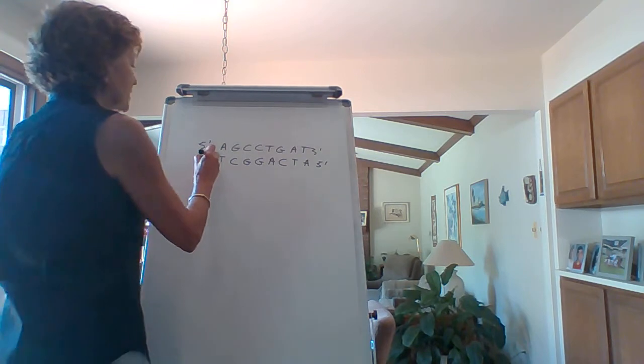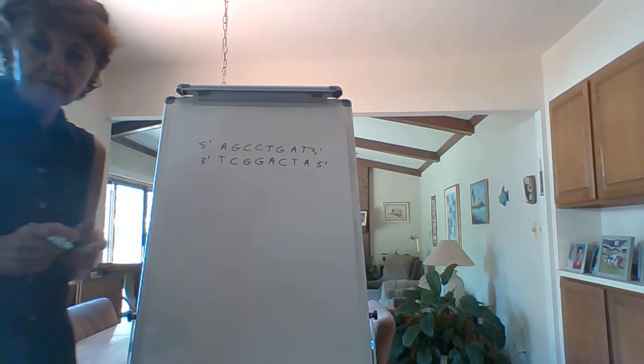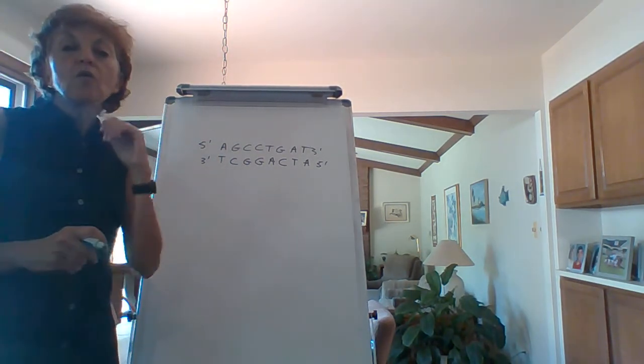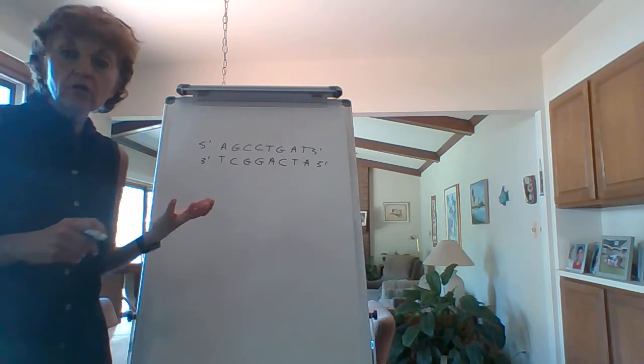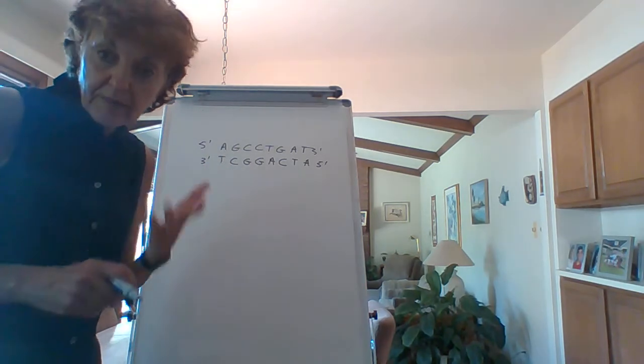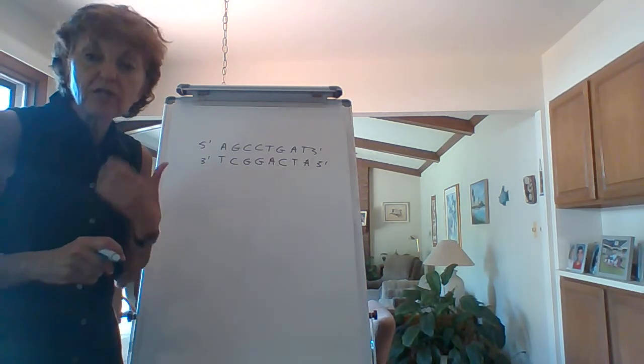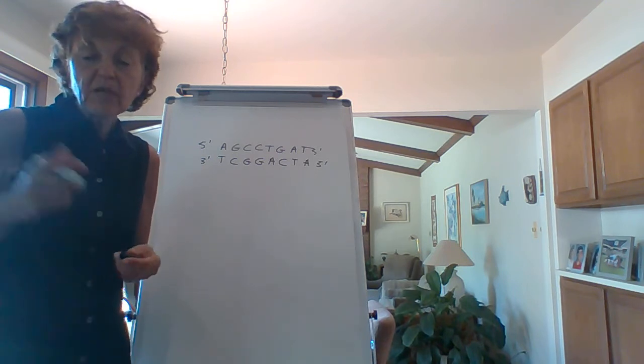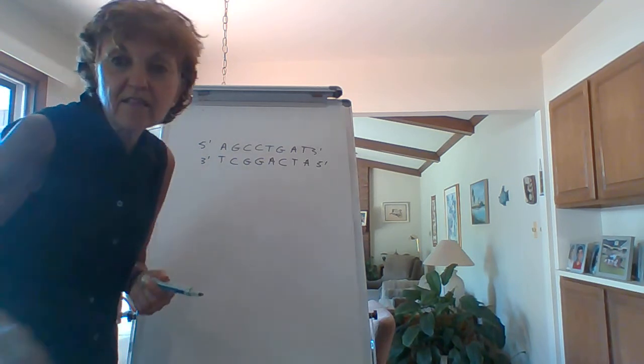This is 5 prime and this is 3 prime. Okay? So now that we know what they all look like, we're ready to move into replication, transcription, and translation. And that's what we will do next in the next video.